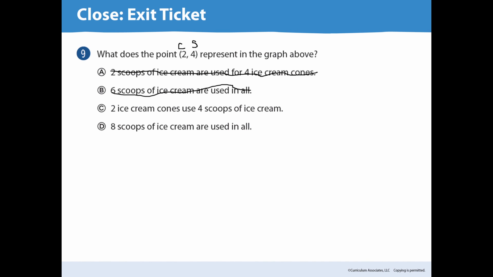So 2 cones, 4 scoops. That one's a possibility. Let's check the last one just to be sure. 8 scoops of ice cream are used in all. Nope, because it says 4 scoops. So not that. The answer there is C. 2 ice cream cones use 4 scoops of ice cream.